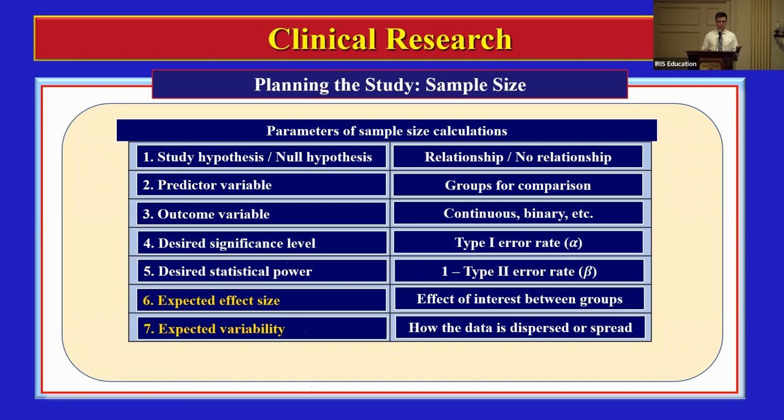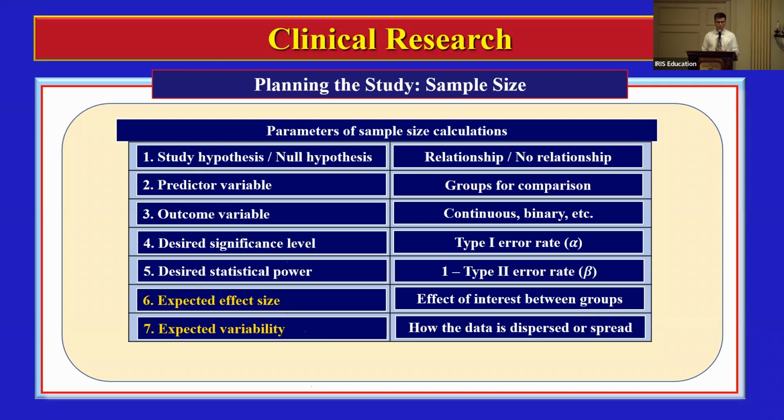And then you're also going to define your desired significance level, which is also known as your type 1 error rate or your alpha rate. And you can just think of this as the probability of making a false positive conclusion. So concluding that your study results are significant when in reality, they're not. So that's an error that you're making there.